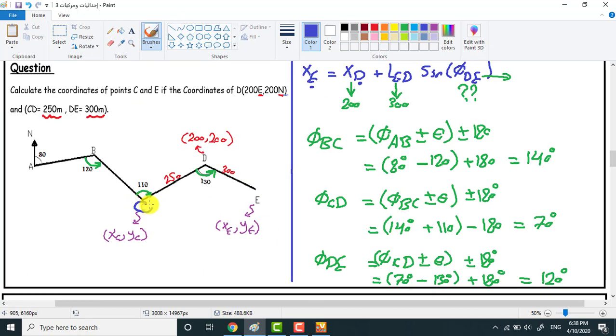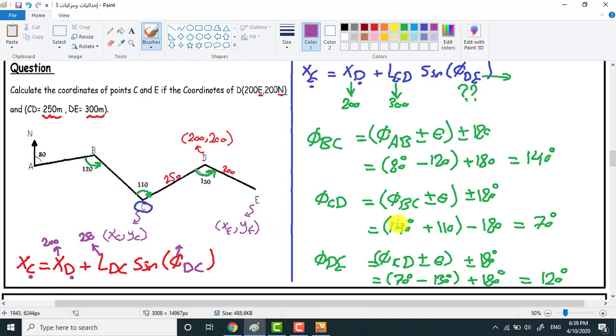We want also the coordinates of point C. So the point C, XC equal XD plus LDC sine phi. Which phi? Phi DC or phi CD. Always we use the phi from the known point to the unknown point. So this is phi from D to C. XD equal 200 meter. LDC equal 250 meter.